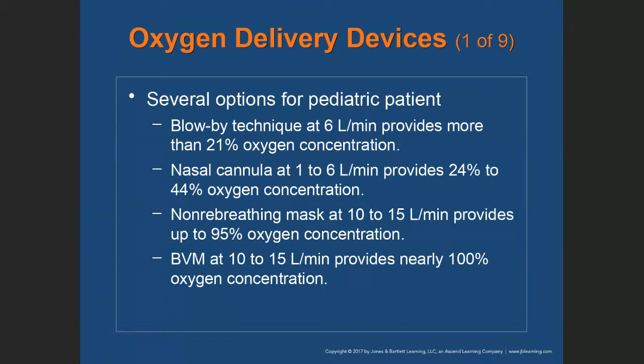Nasal cannula, 1 to 6 liters per minute, provides 24 to 44% oxygen concentration. Non-rebreathing mask at 10 to 15 liters per minute provides up to 95% oxygen concentration. And the BVM at 10 to 15 liters provides nearly 100% oxygen concentration.